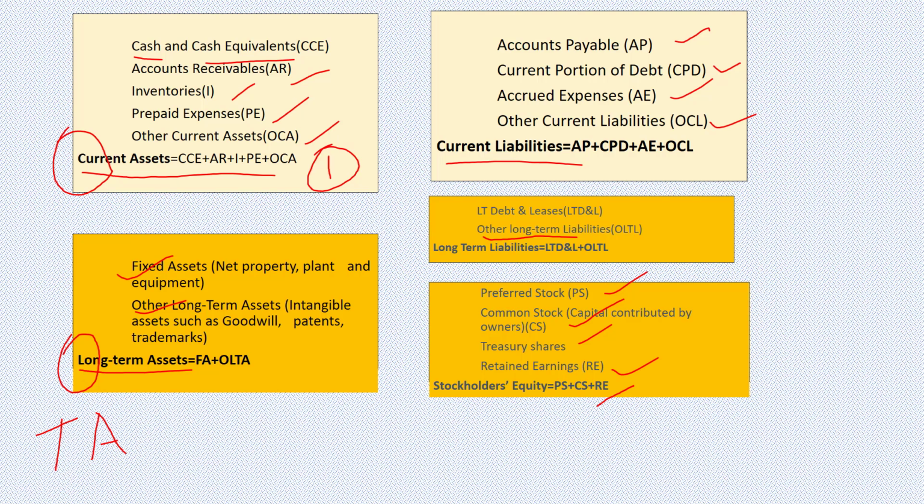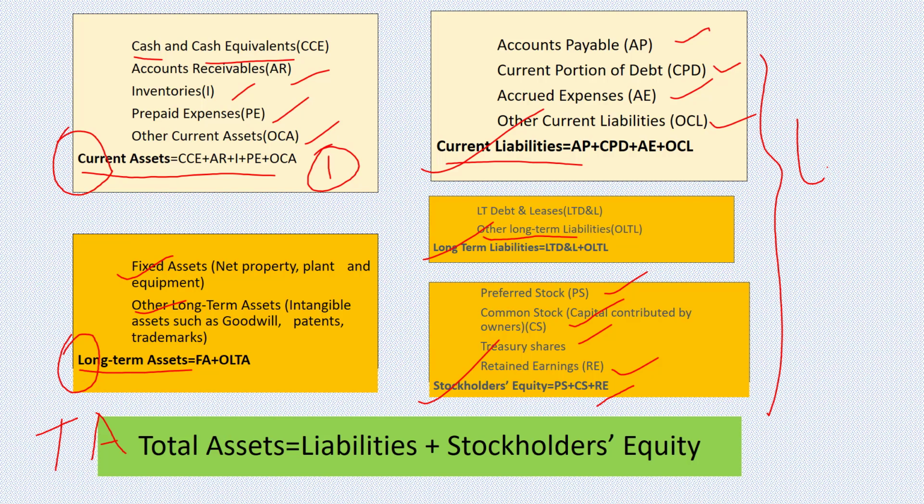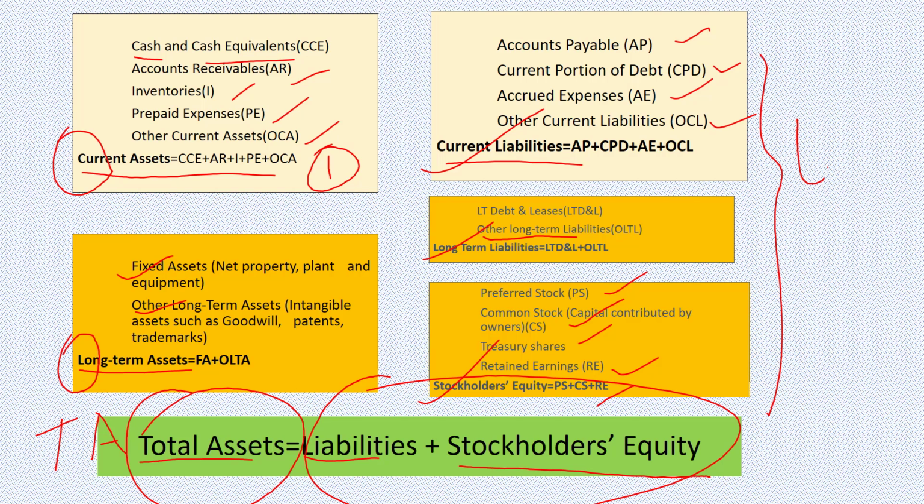So these are the liabilities, and if you add the current liabilities, long-term liabilities, and stockholders' equity, that gives us the liabilities and stockholders' equity. And as you know from your basic accounting class, the total assets should always be equal to the total liabilities and stockholders' equity. That means what the company owns must be equal to what it owes and what is left to the owners of that company.